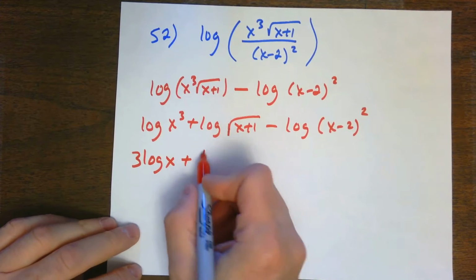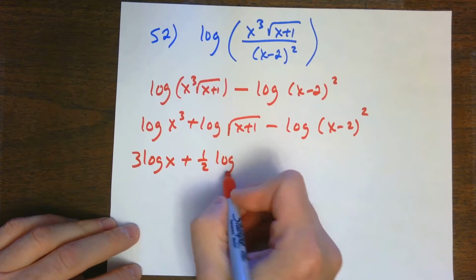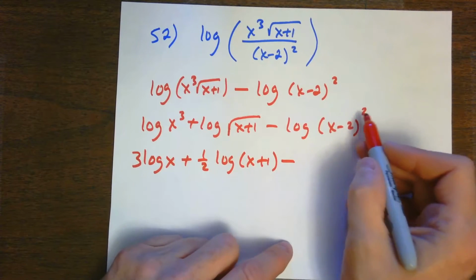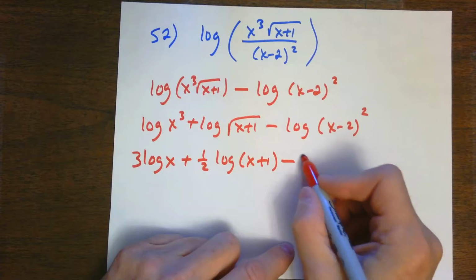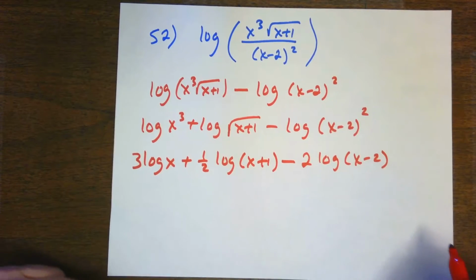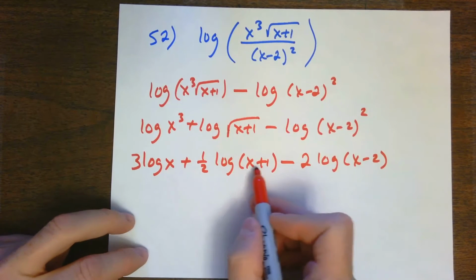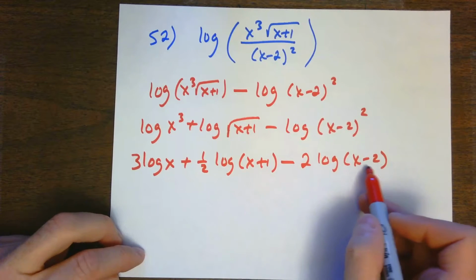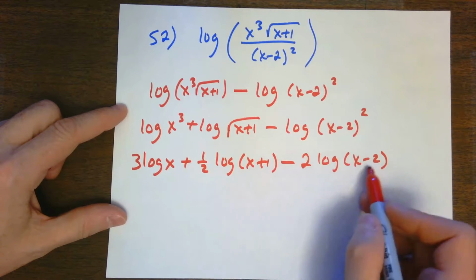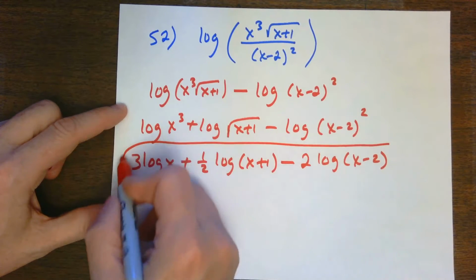Bring the 1/2 in front, 1/2 the log of x plus 1 minus, there's my exponent, use the power rule, 2 times log of x minus 2. Now, can I break up x plus 1? No. x minus 2? No. I can do products and quotients. I can't do sums or differences. This is my final answer.